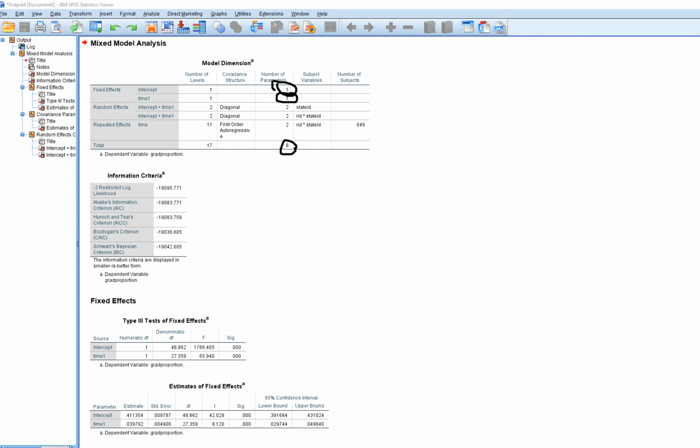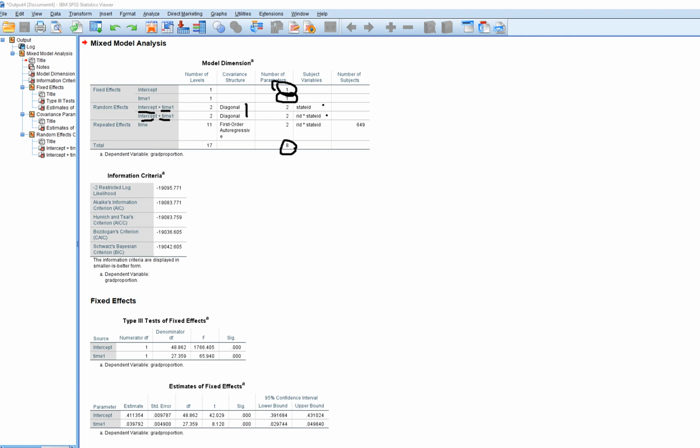Then when it comes to the random effects, we have a random effect at the state level, or level 3, and then the random effect at the institution level, this is level 2. And we have diagonal covariance structures specified at both of those levels. So essentially we're estimating the intercept and slope variance between states, and the intercept and slope variance between institutions that are nested within the states.